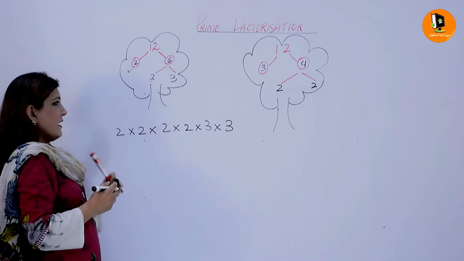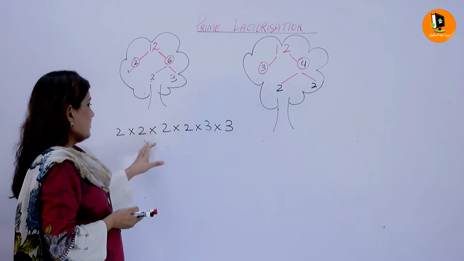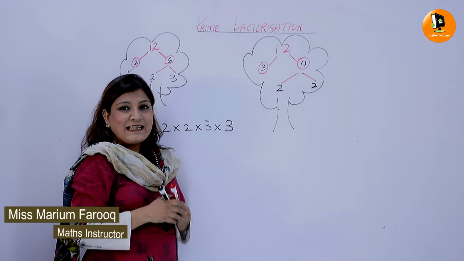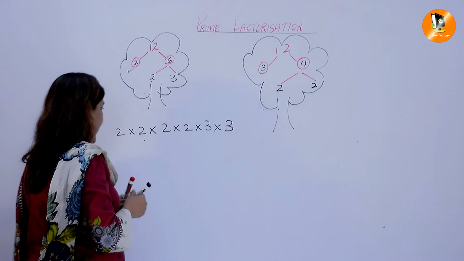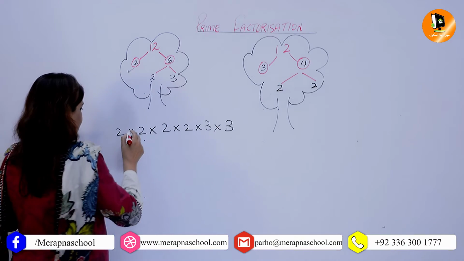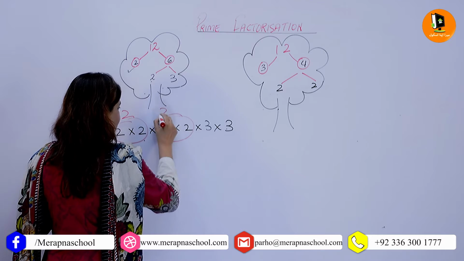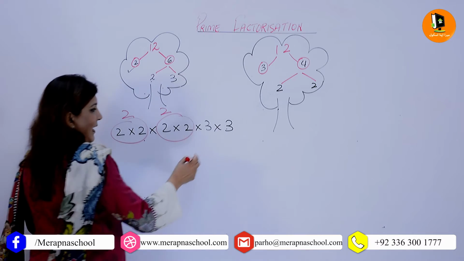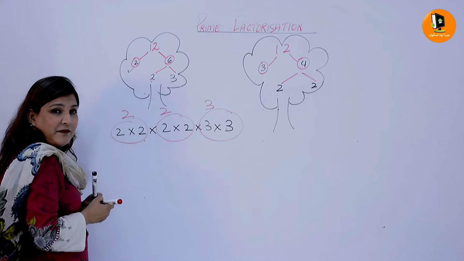So, instead of writing these 2 four times, we can take it as a common factor, that is, this as 1 two and this as 1 two, and these 3 as 1 three. So how can we say this?